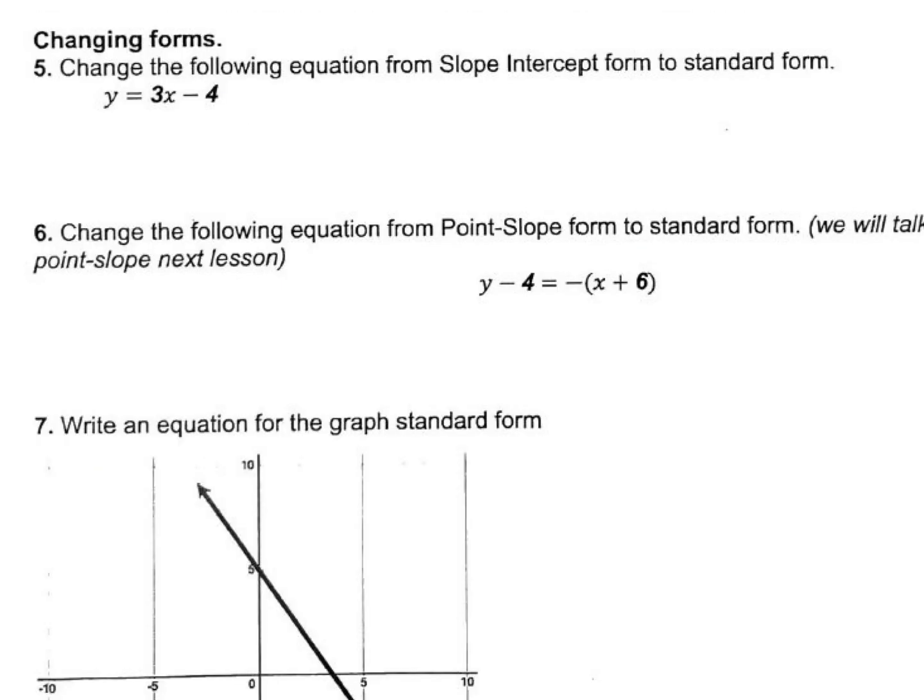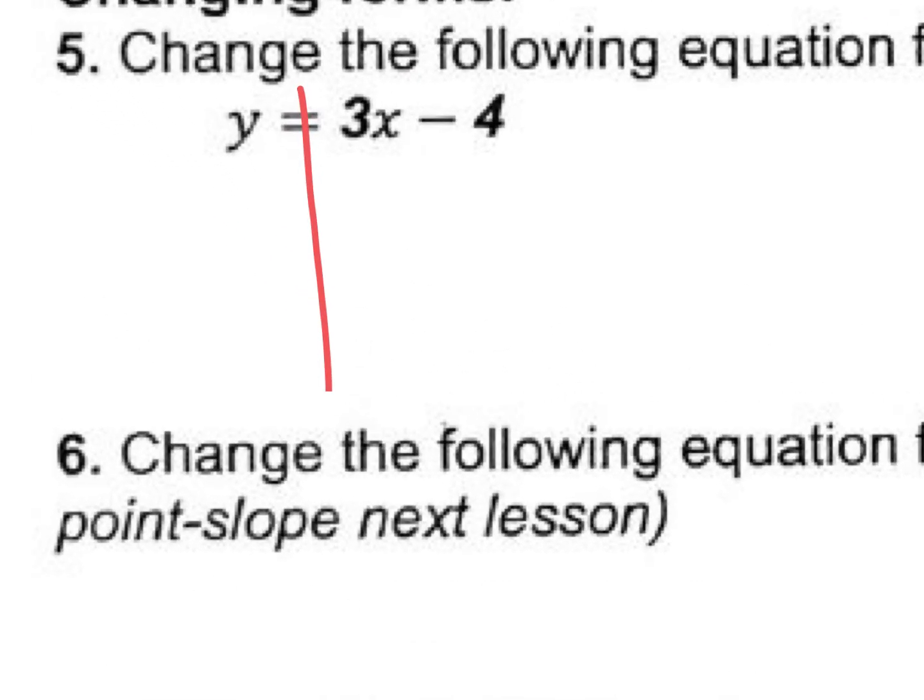Last two, okay? Change to standard form, okay? So standard form is ax plus by equals c. Remember how we started this at the very beginning? We said x and y are on the same side. No fractions. So look at this. How do I move my x to the same side as the y?